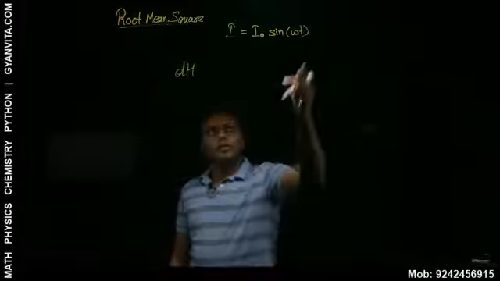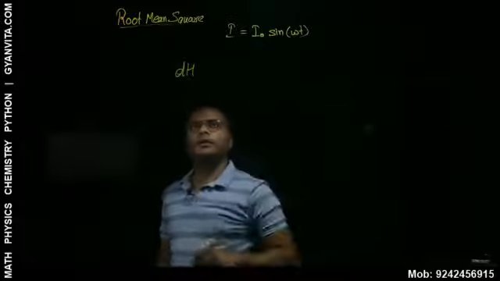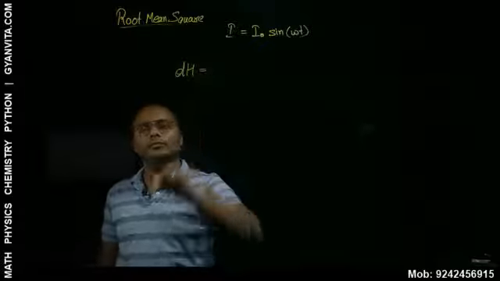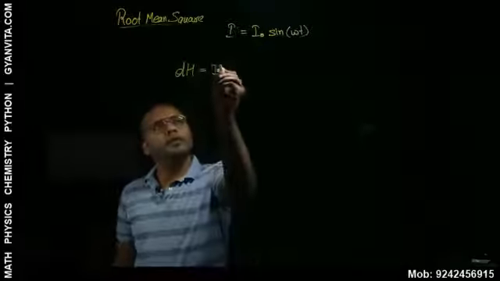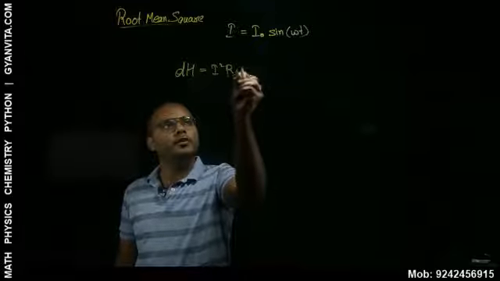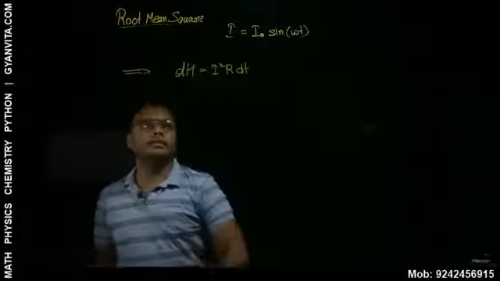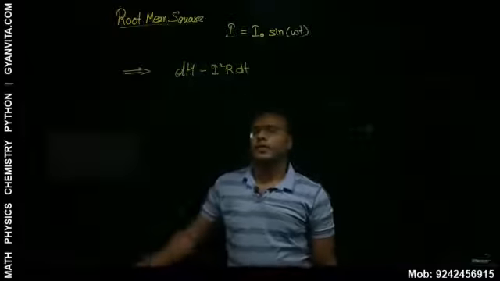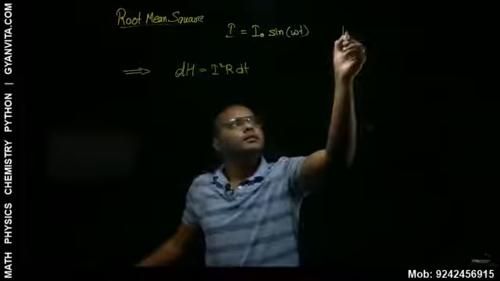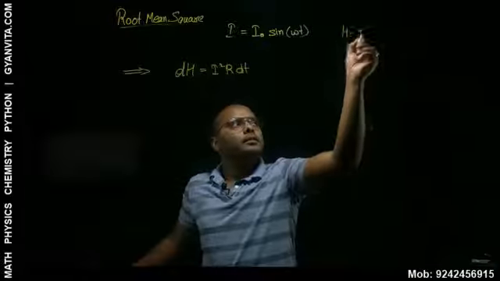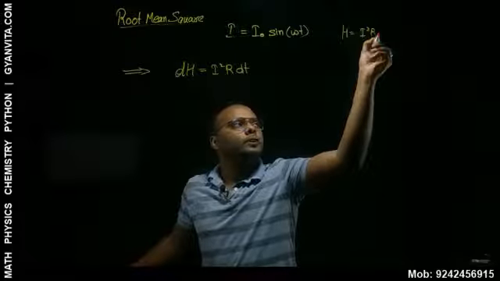For this current, what will be the heat generated for a very small time? It will be I square R into dt. I hope you already know that heat is I square R into T, where T is the time.